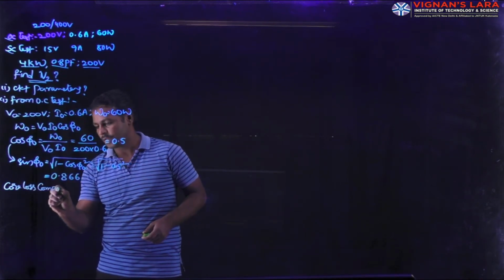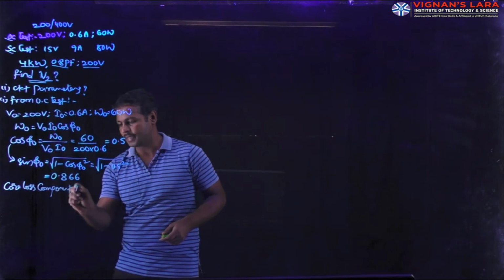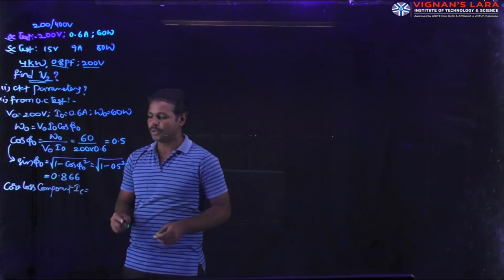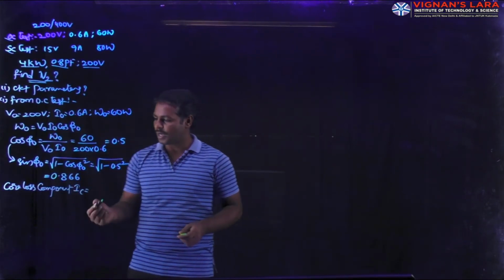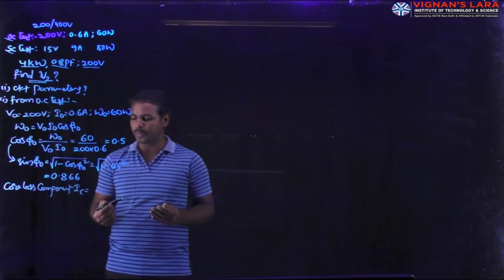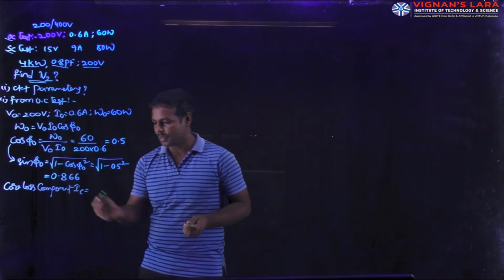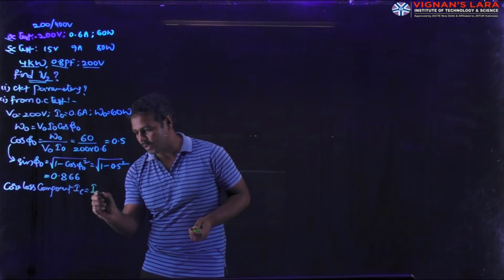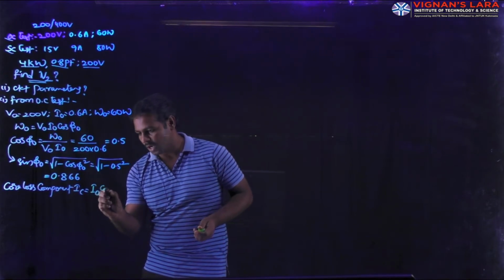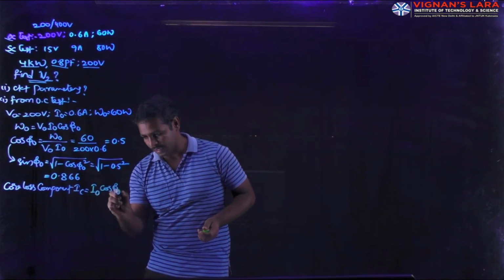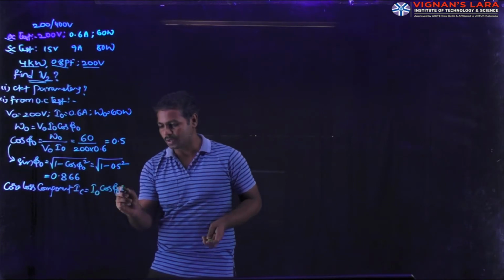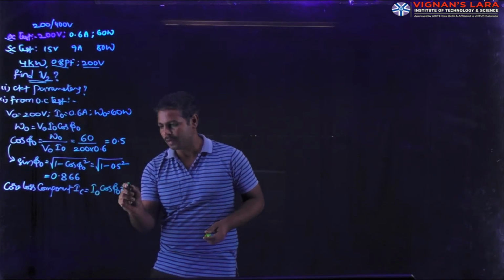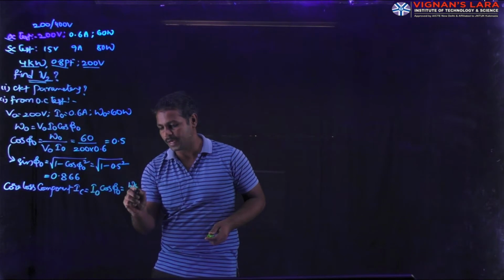Then the core loss component, denoted by IC. When finding the core loss component as well as the magnetizing component, we get two expressions. One is IC is equal to I0 into cos phi naught, which is also equal to P0 divided by V1, or W0 divided by V1.